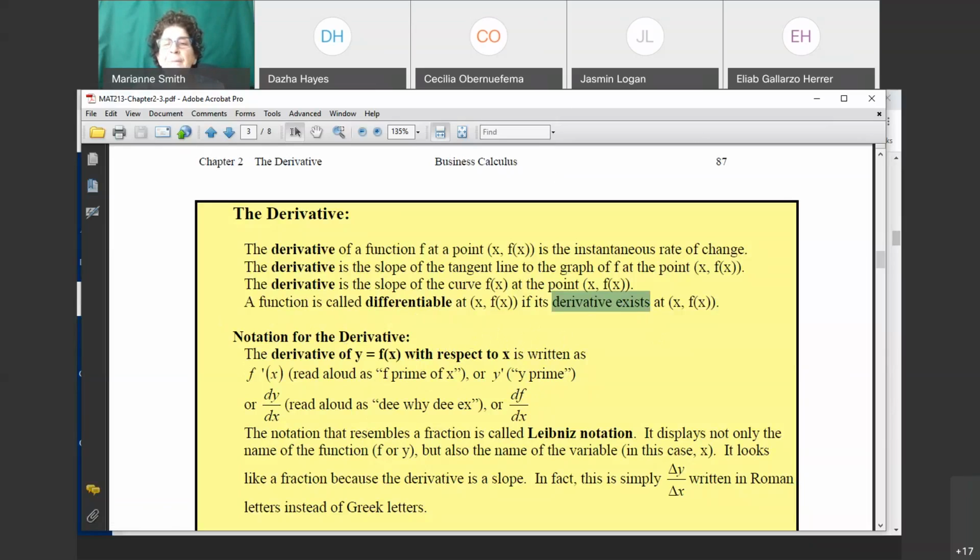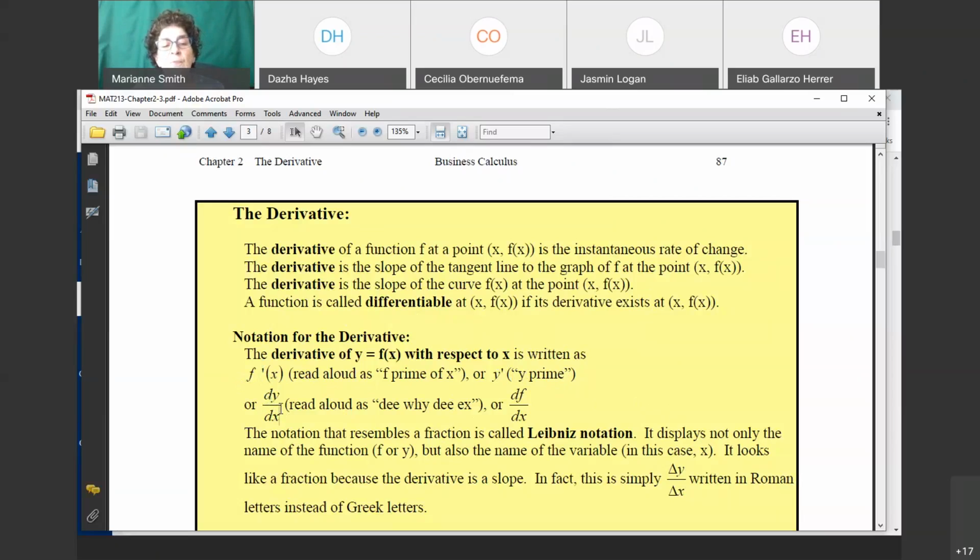So let's look at some notation. f prime of x is the way you would read it. See this little mark that looks like an apostrophe; it's more like an accent mark. So f prime of x, or y prime if you're not using function notation, is a derivative.